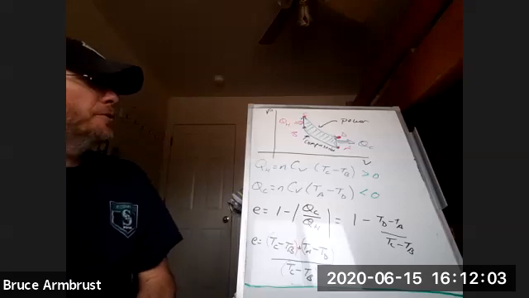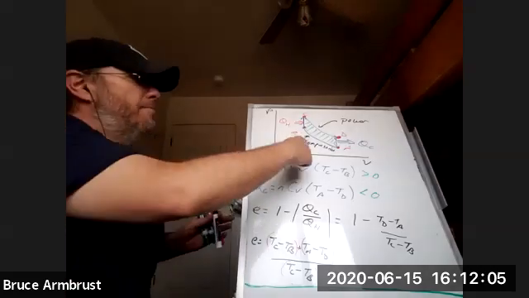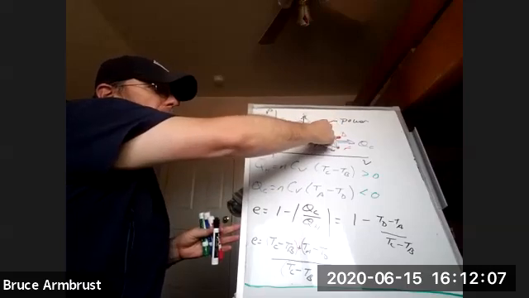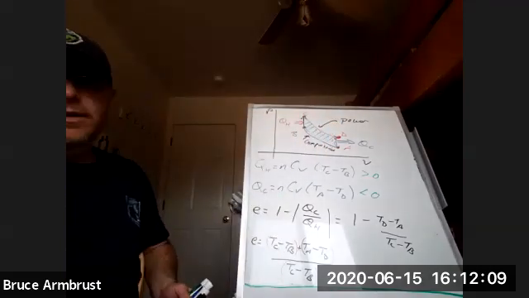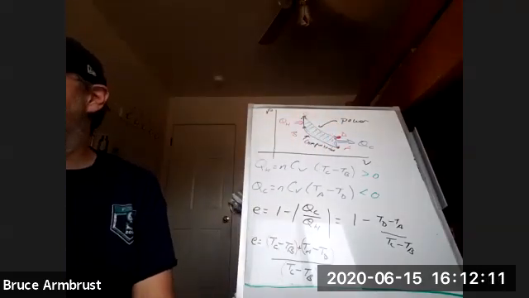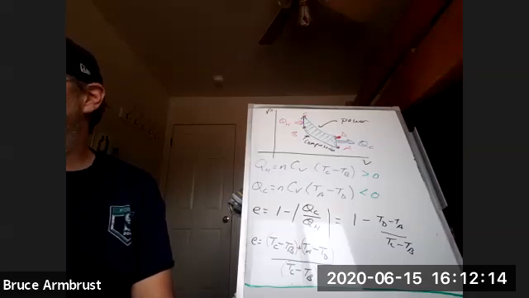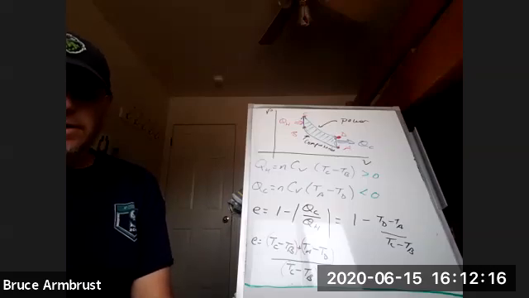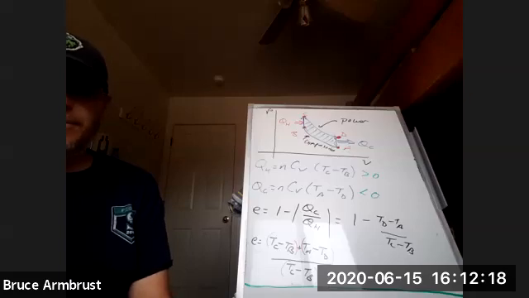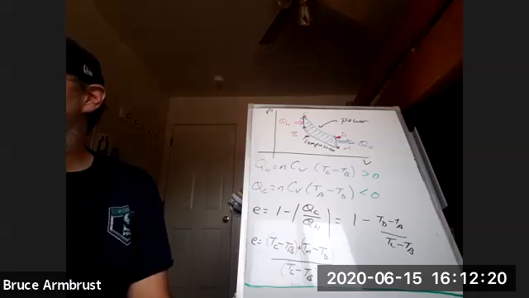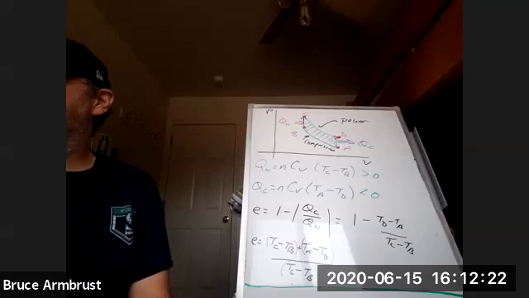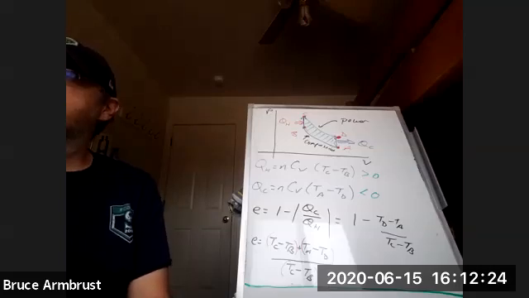We're going to assume that both of these strokes, both the power stroke and the compression stroke, are adiabatic processes. So adiabatic, do you remember what that means? No heat transfer. Good.